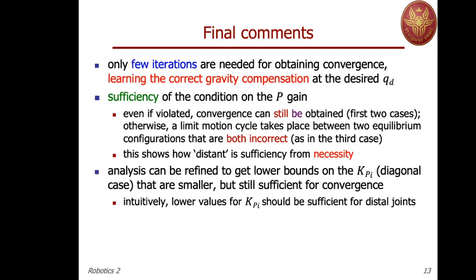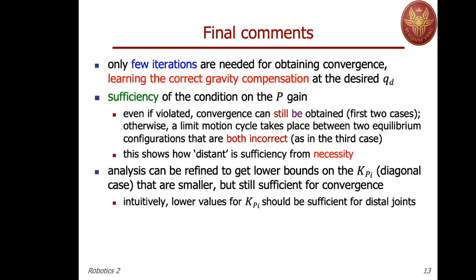Now there's another comment which is kind of explaining why we get convergence despite failing to satisfy the sufficient condition in terms of the gains. And that is the fact that the lower bounds that we have to satisfy take into account the robot as a whole.